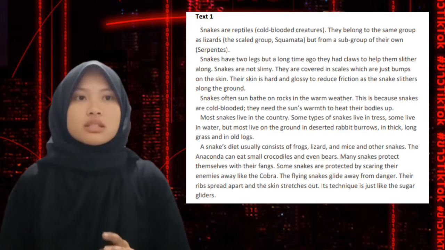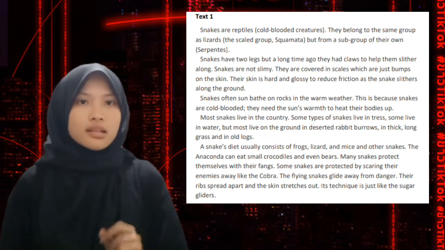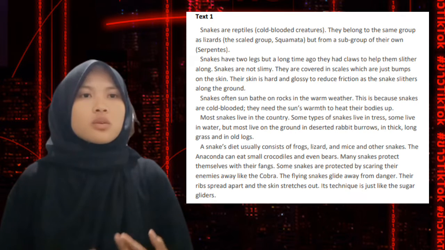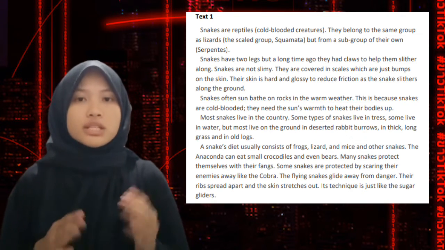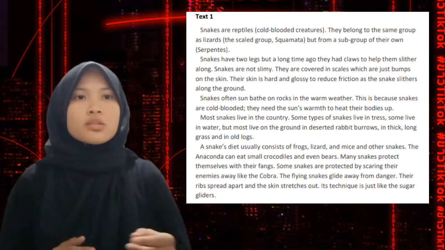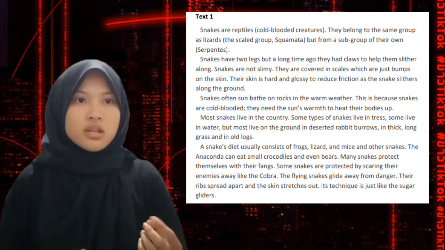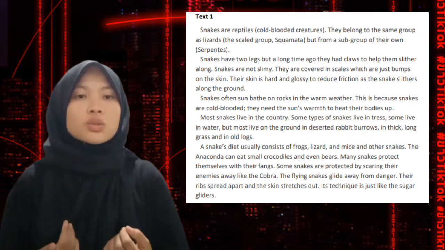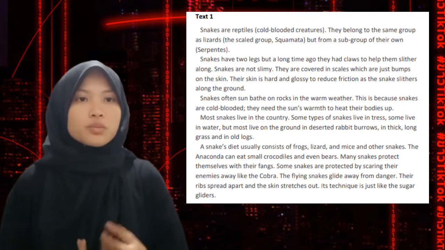In the sentence, the flying snakes glide away from danger, we can conclude that the way they protect themselves is by gliding away. But if we look at the question again, the optional answers didn't contain glide away as an option.